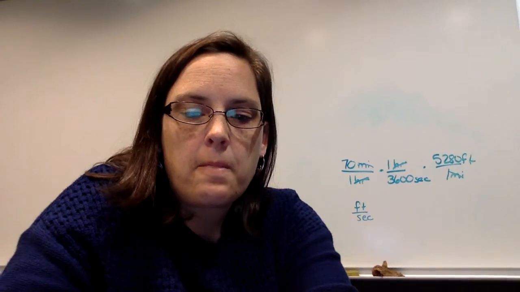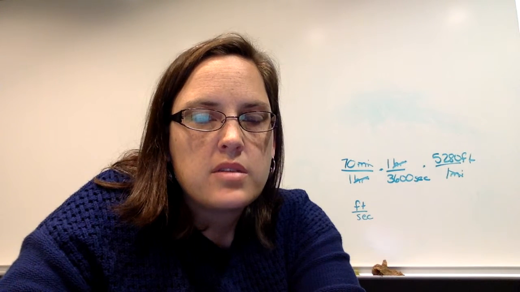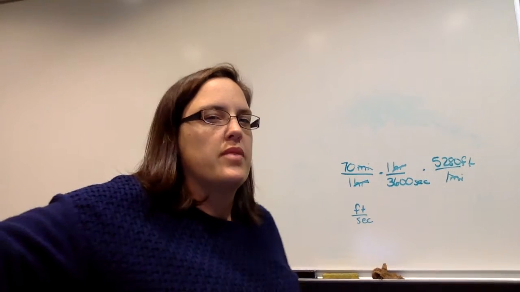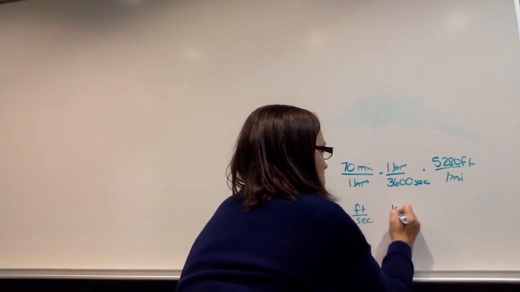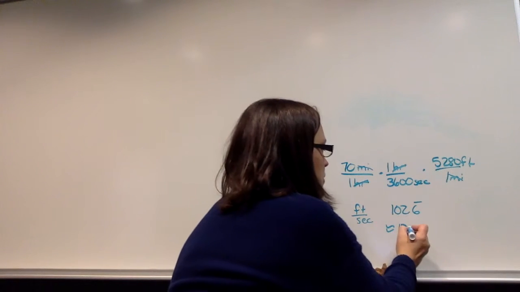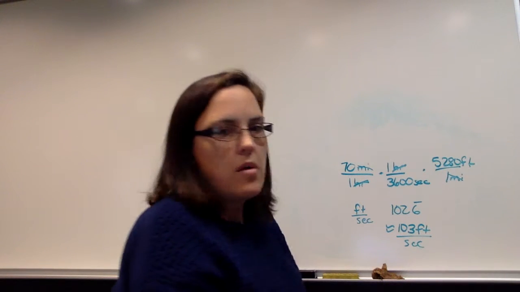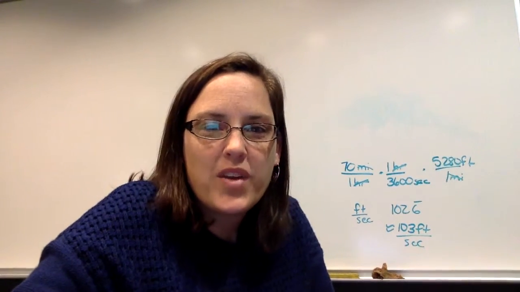So you can use a calculator on these problems. I'm going to take 70 times 5,280, and I'm going to take that answer, 369,600, and divide that by 3,600 to get an answer of 102.6 repeating, or if you wanted to round that up, we could say 103 feet per second, which is also a pretty fast moving cheetah.